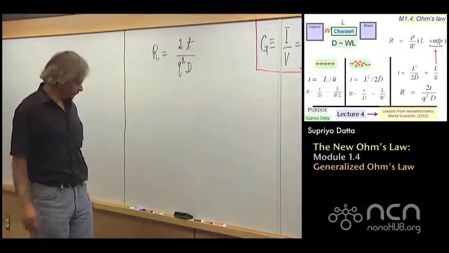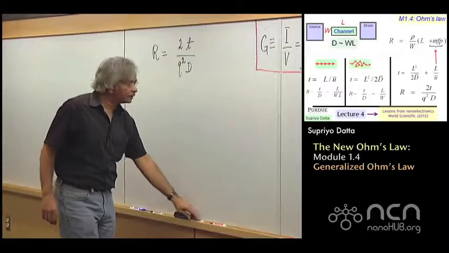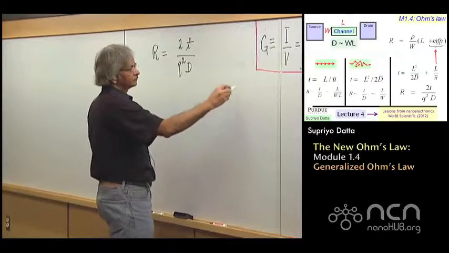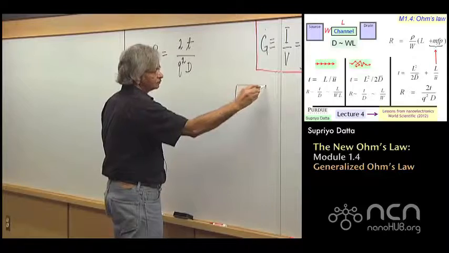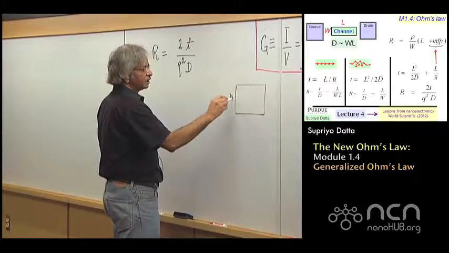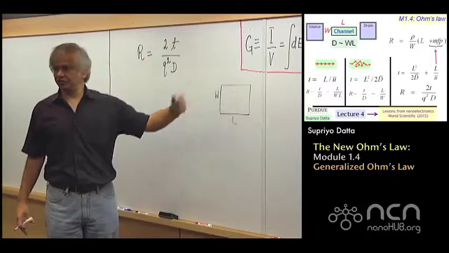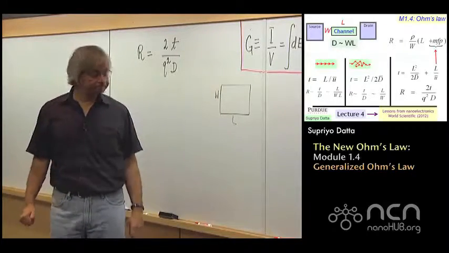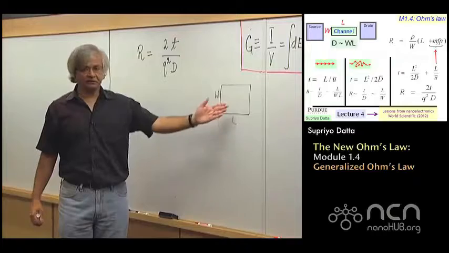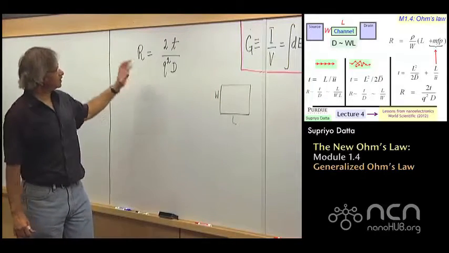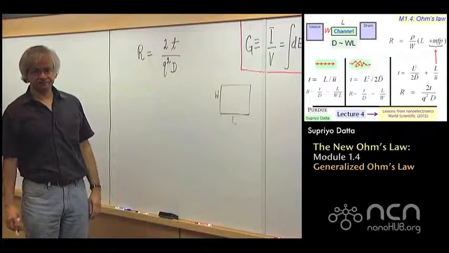Well, what would happen if we took a conductor whose width is W and length is L, and for this discussion you can just assume a two-dimensional conductor. If I increase the length, how do I expect the resistance to change?